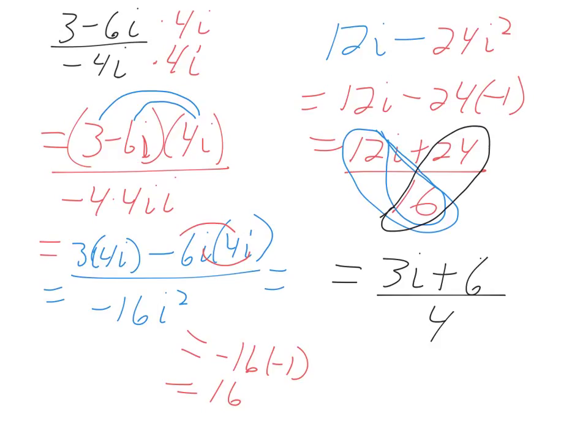So just to recap there, 12 over 16, just like we learned way back when, simplifies down to this 3 over 4 right here, and 24 over 16 simplifies down to the 6 over 4. So that's what I did there. So since 4 went into all of them, I was able to do that. So then my final answer, just so you can see it, clean it up, 3i plus 6 over 4.